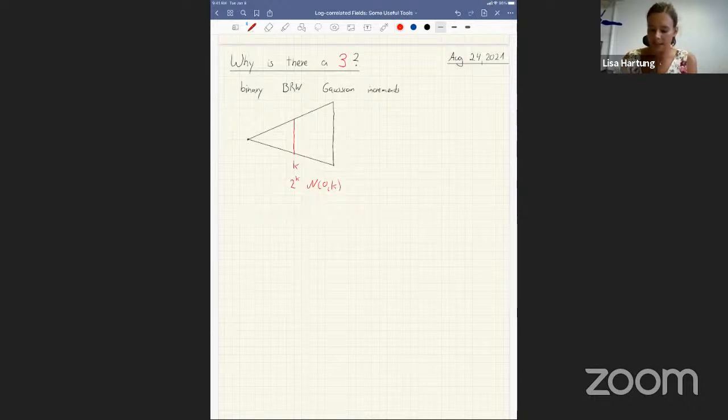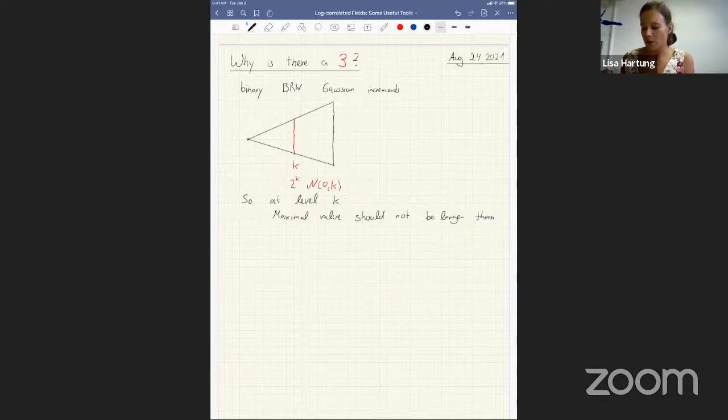And so at level k, the maximal particle, or the maximal value, should not be larger than what we expect to be the maximum of 2 to the k Gaussians.